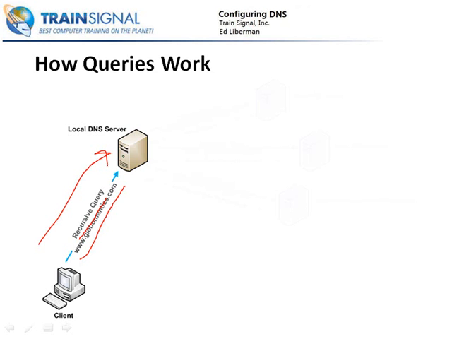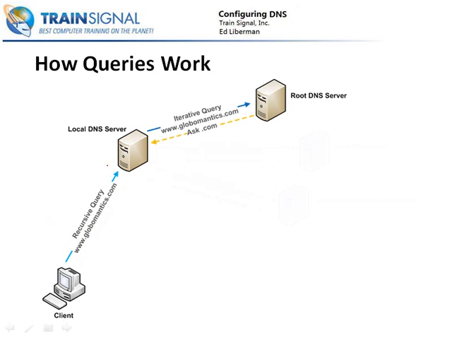So the first step of what the local DNS server does is make what's called an iterative query to the root DNS server. You may remember from the DNS namespace, the top level is root. Well, out on the internet, there are a number of root DNS servers, which are the top of the namespace, or they can resolve the top of the namespace of the entire internet.